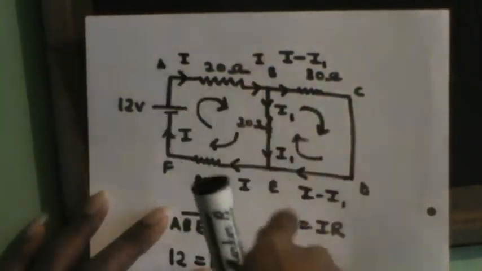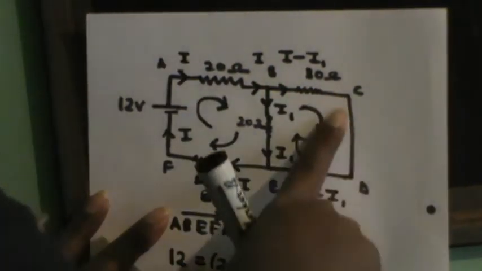So what actually happens for this loop is that the current is in this direction, so this will be positive. The potential across this 30 ohm resistor will be 30 times (I minus I1). There's no resistor around this part, but here you get one.